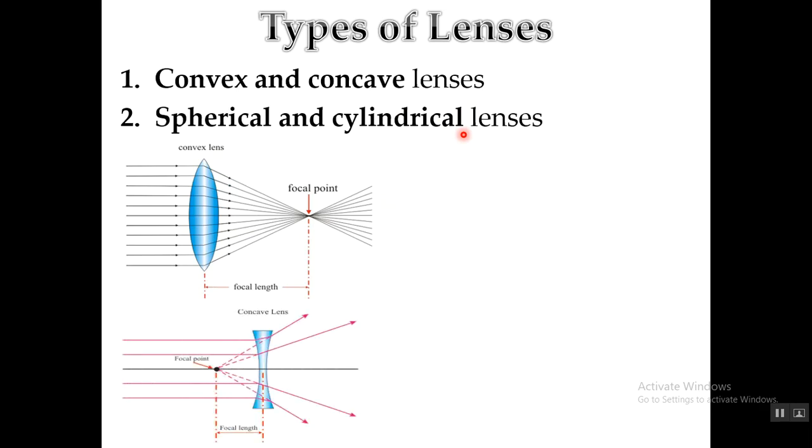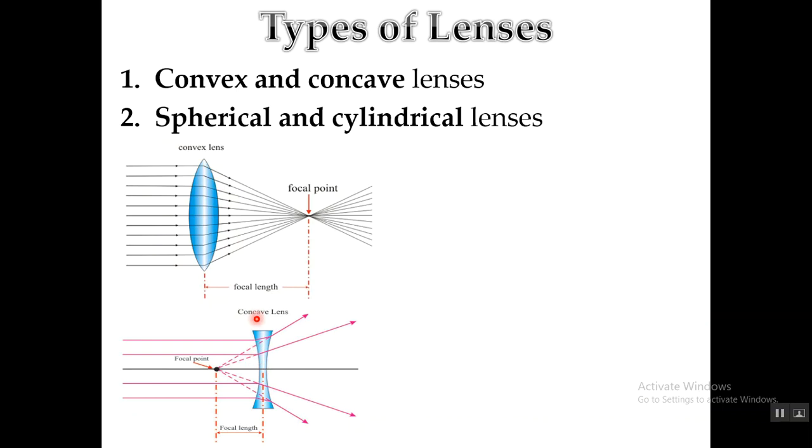Look at this diagram. The convex lens converges light to a point called the focal point. The distance between the focal point and the nodal point is called the focal length. So convex lenses are plus or positive lenses.